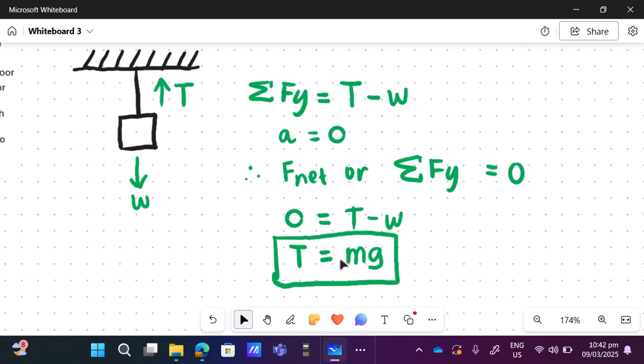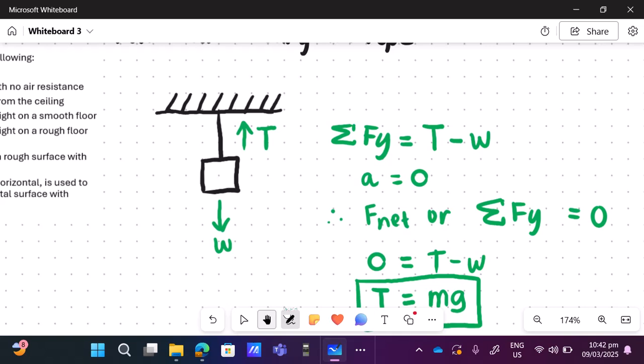Since the forces are equal in magnitude, the length or thickness of the arrow, how big or how small your arrow is, both of them should be the same, because they are equal in magnitude. Okay, so this is for number 3.